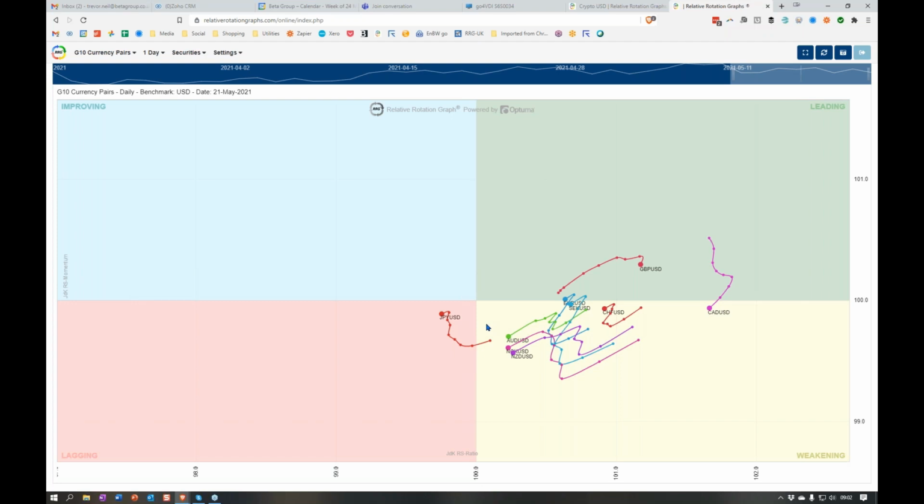So that's outperforming the US dollar, which is in the crosshair here, and anything that's above the 100 on the horizontal axis, which is the pound, is with positive relative momentum, so is relatively strong. And then furthest to the right is the strongest on a relative basis.